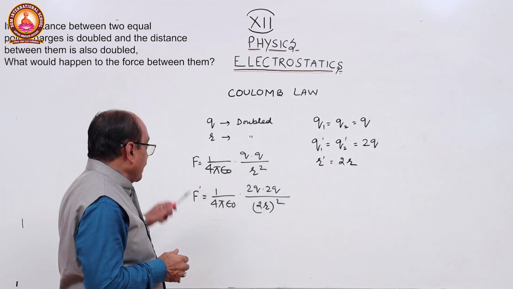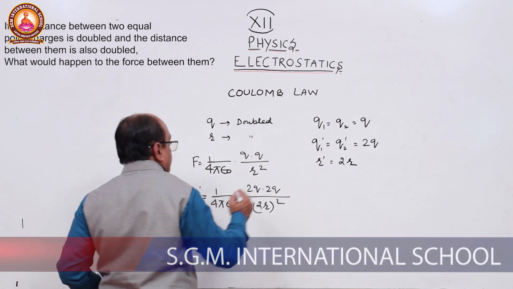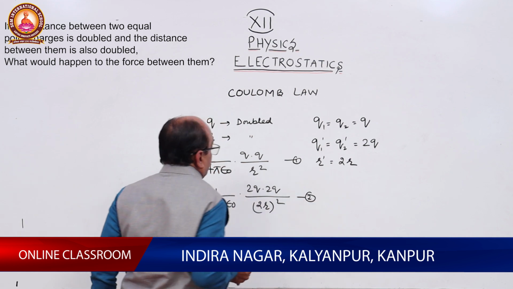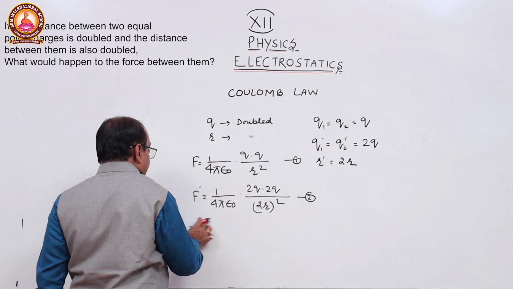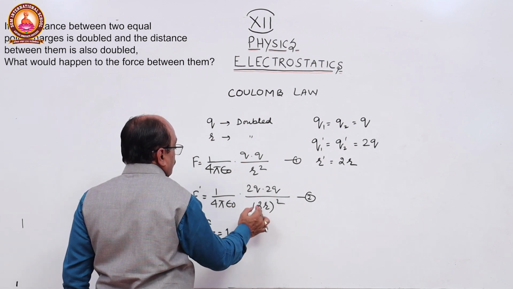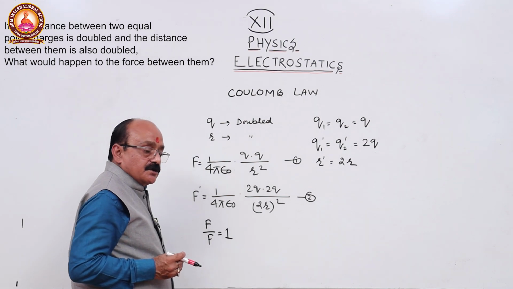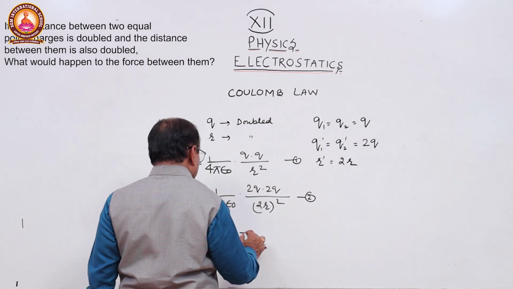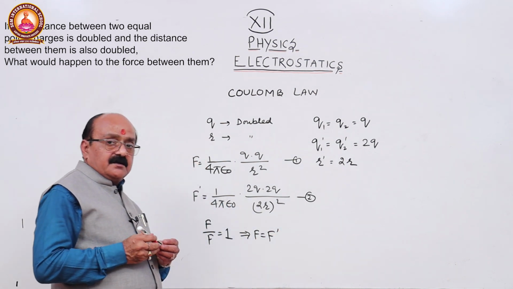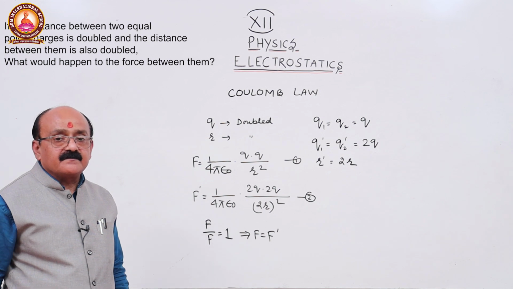And when we divide these two equations, equation 1 and equation 2, what will we get? We will get F upon F dash is equal to 1, because 2 into 2 and here is 2 square, they will cancel each other and F will be F dash. This is a single mark question.